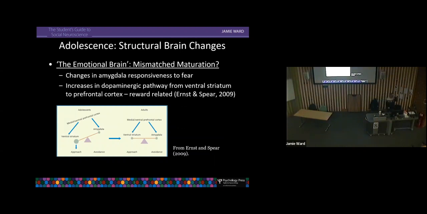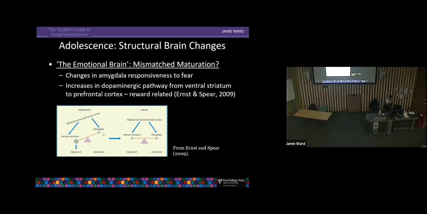One theory around this is that the mismatched development, if you will, of different brain regions is not a coincidence. It's kind of, well, I hate to say the word design because there isn't a designer, but it is something there to promote a particular set of behaviours in this age group.